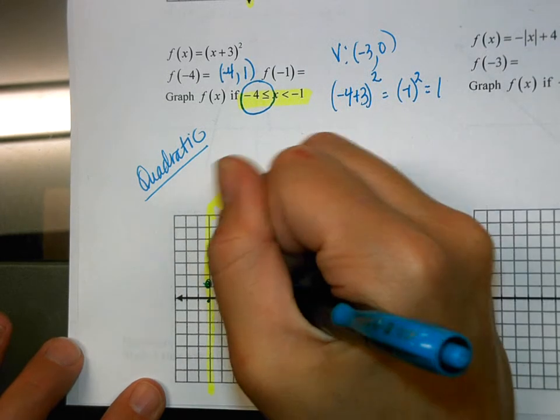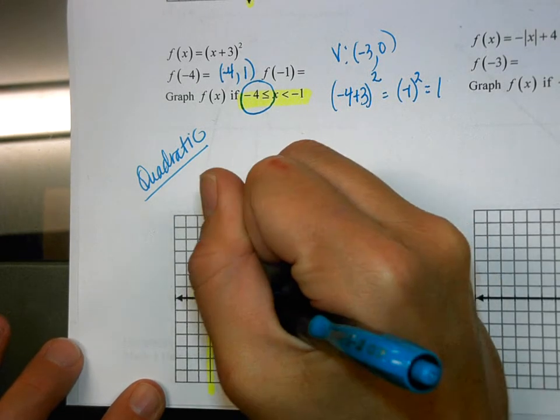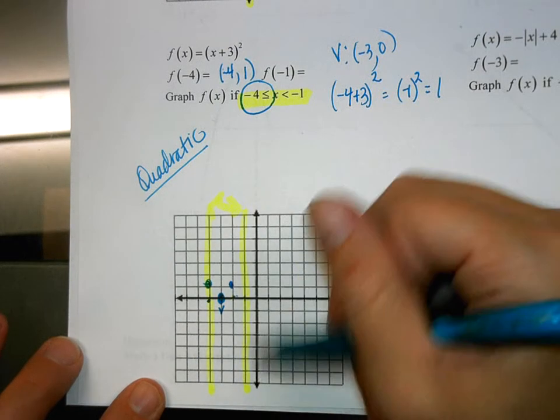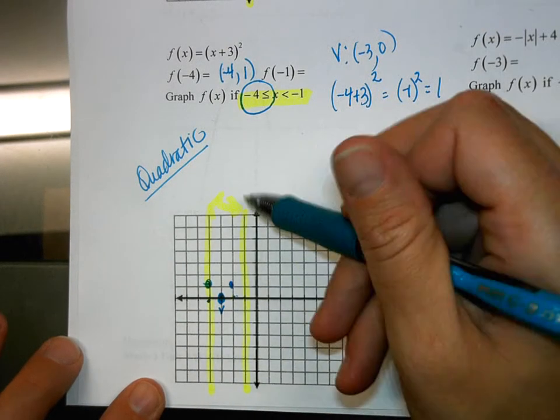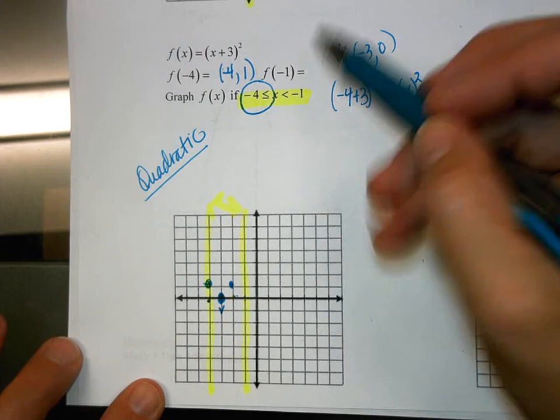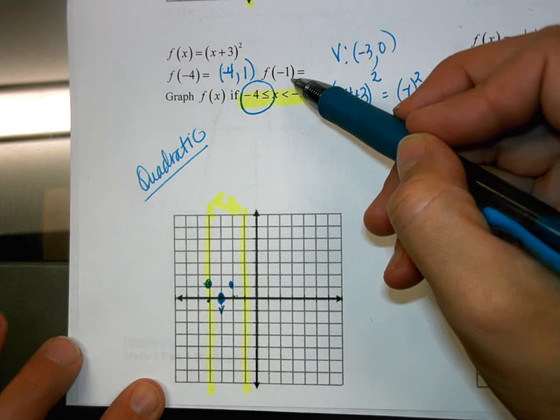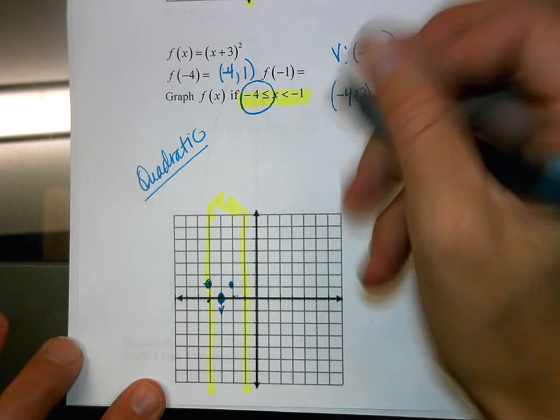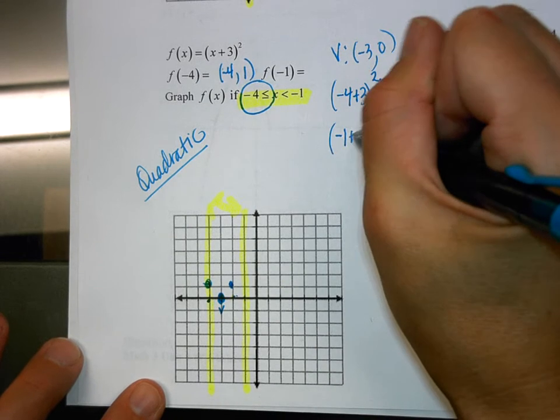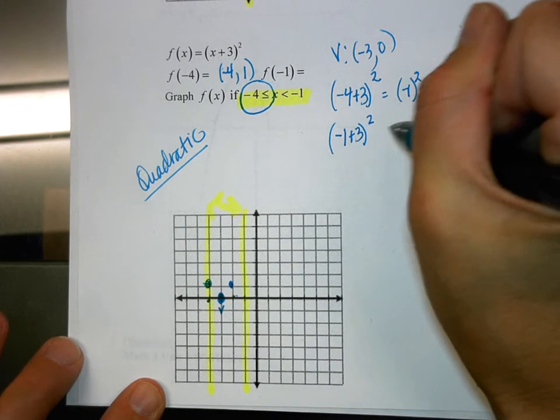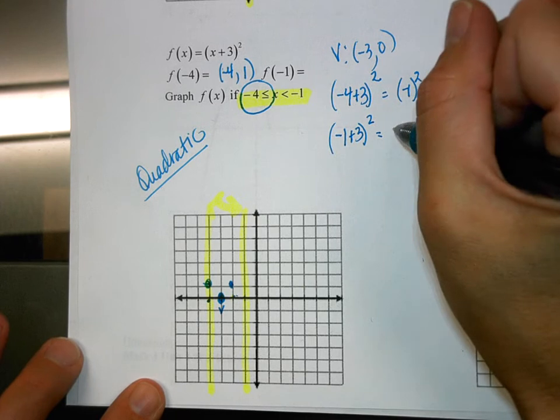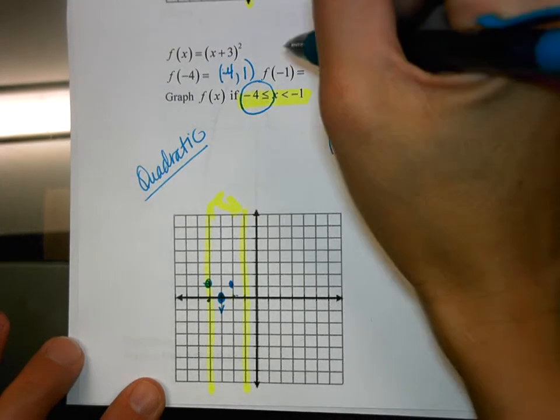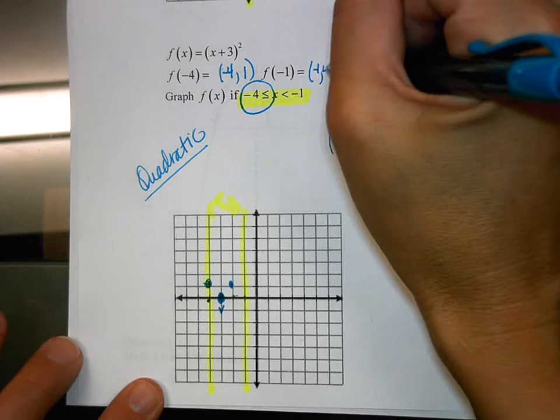So you could put another point here because we know that it's going to curve like that, but we also need to know what's happening here at this value. So next we're going to plug in -1. So we're plugging -1 into this equation. -1 plus 3 squared. -1 plus 3 is 2, and then 2 squared is 4. So this is -1, 4.